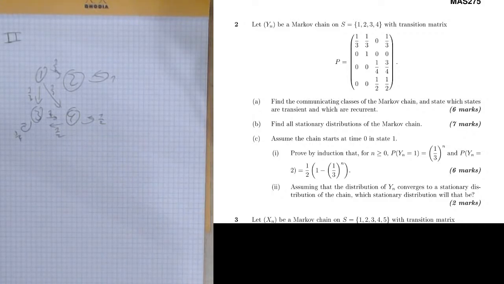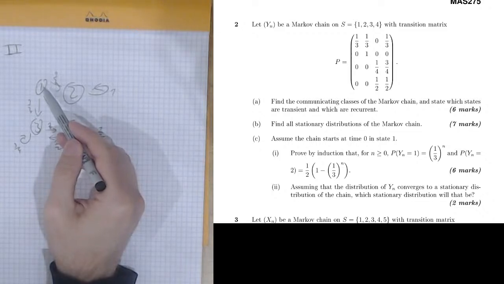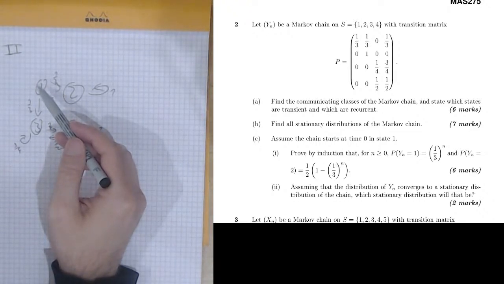Okay, so the classes. Remember, two states are in the same class if I can go from one to the other. Here, you can't go back to 1 from anywhere, so 1 is its own class and it's open. Well, it's an open class, but 1 is transient because we can't come back.